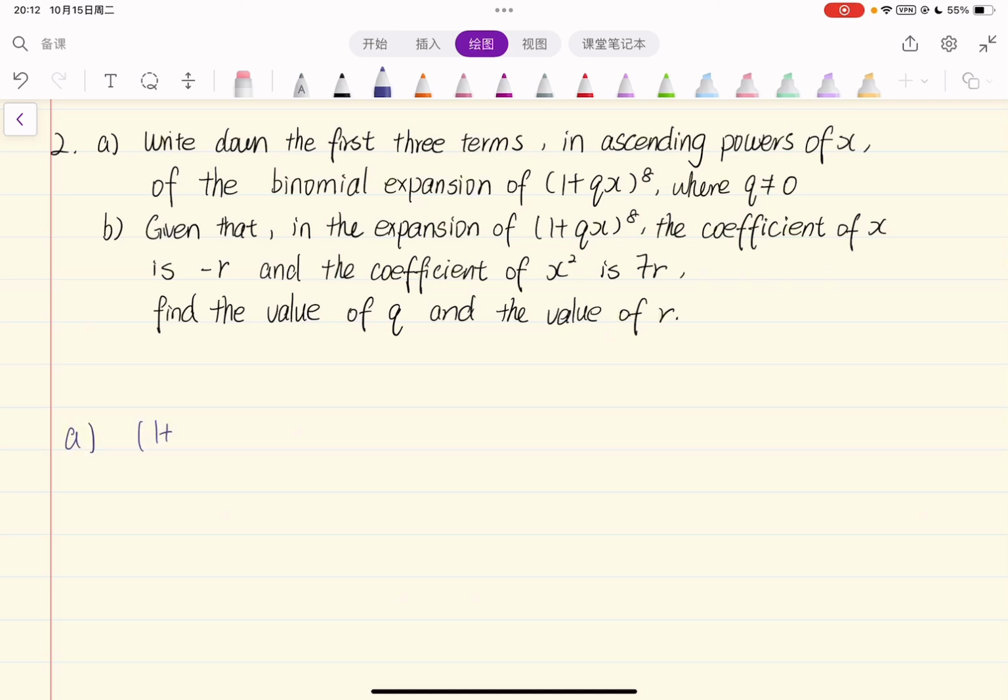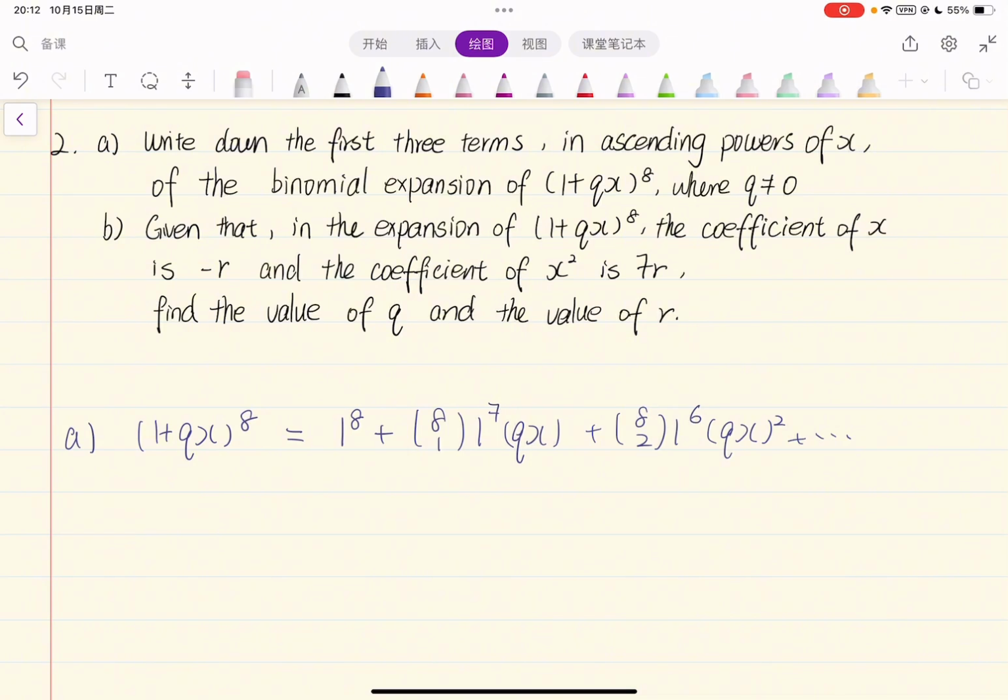So (1+qx)^8 equals 1^8 plus 8 choose 1 times 1^7 times qx plus 8 choose 2 times 1^6 times (qx)^2 plus so on. So we have written down the first three terms.